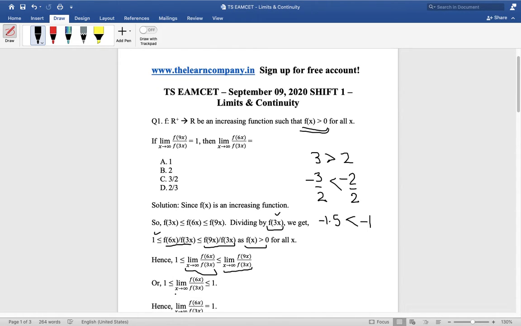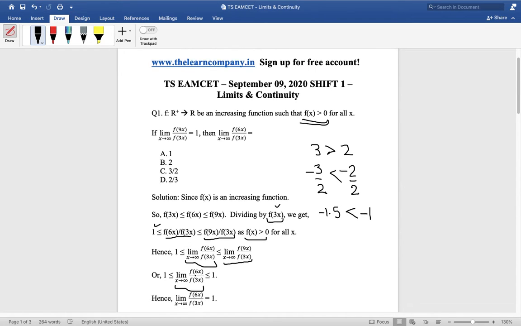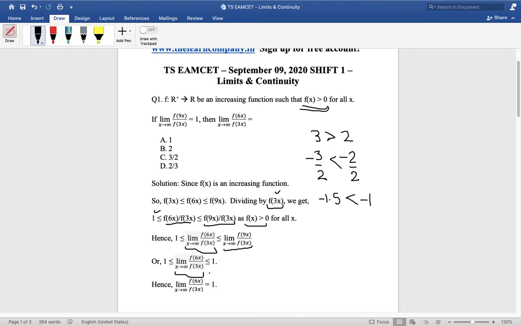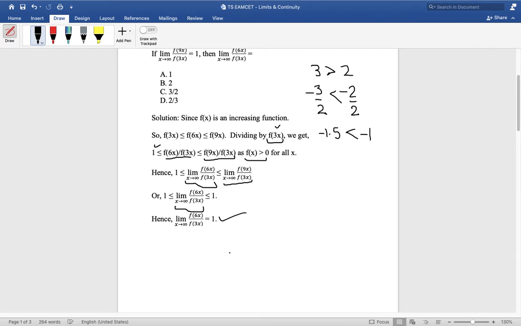So the limit as x tends to infinity of f of 6x by f of 3x is getting sandwiched between 1 and 1, right? So it's also called the sandwich theorem or two police theorem. So f of 6x by f of 3x, when you take the limit as x tends to infinity, is equal to 1, right?